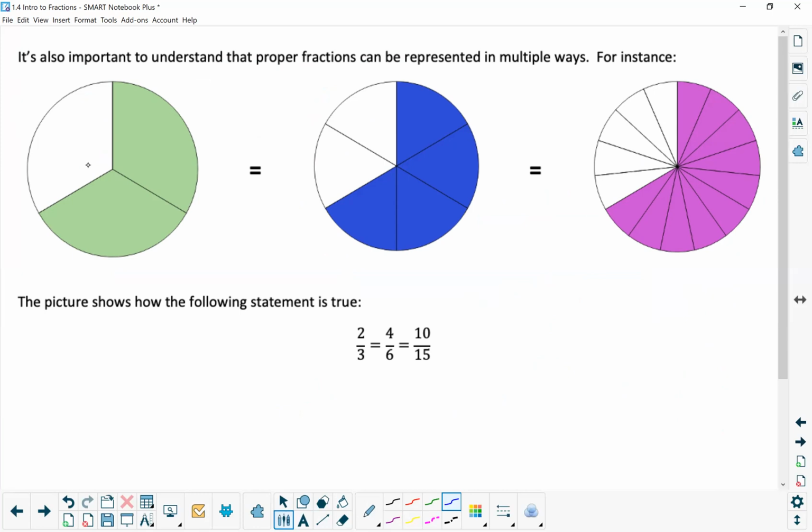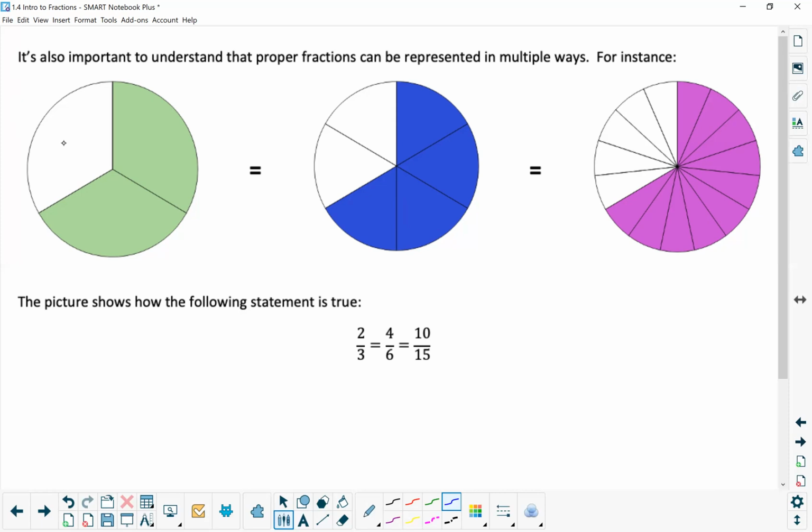If I take each piece and divide it again, now I have 4 pieces that are shaded in blue, and 6 total, so 4 over 6. But notice I haven't colored in any more than I had on my first picture.